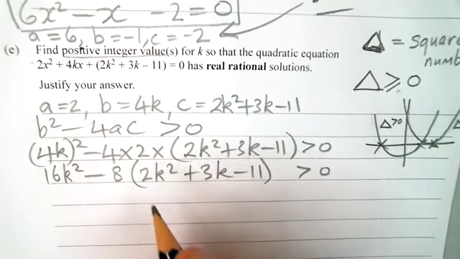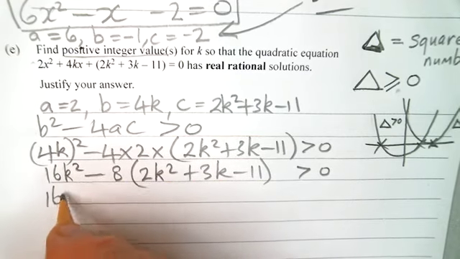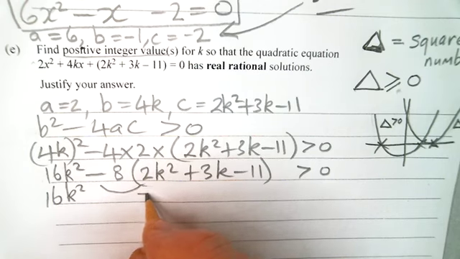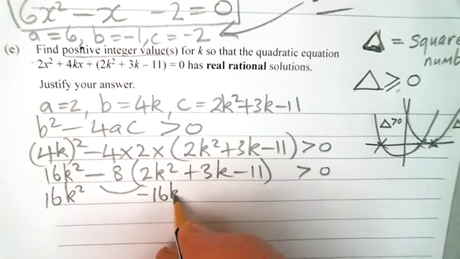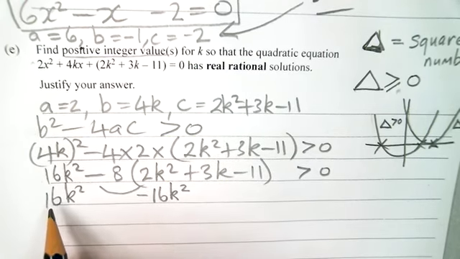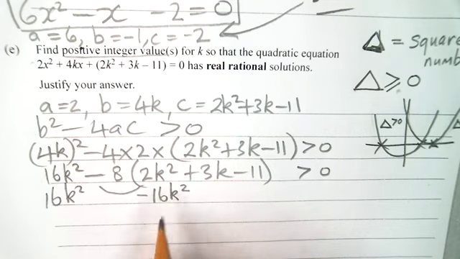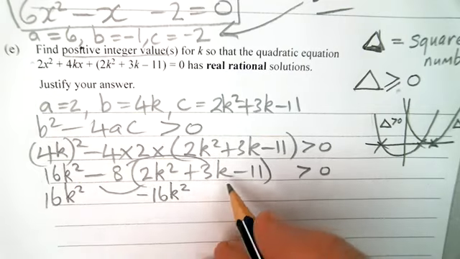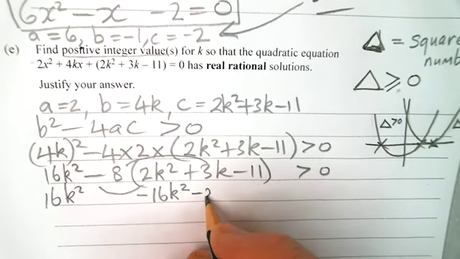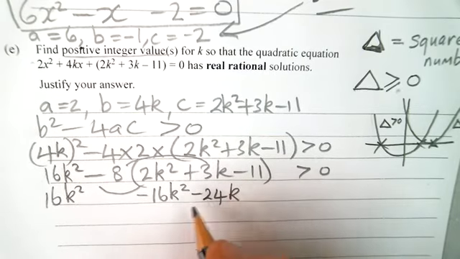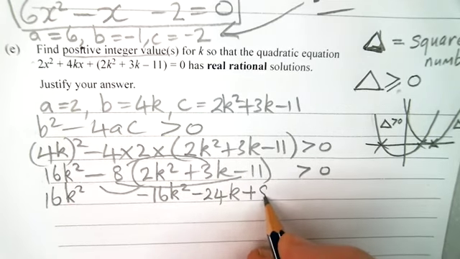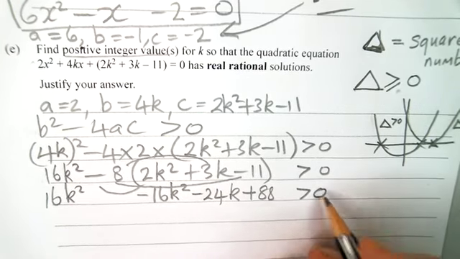Let's now expand this out here. So I've got 16k squared, negative 11 times 2 is going to be minus 16k squared, which by the way is really handy because we've got a 16k squared and a negative 16k squared. So immediately that is all going to disappear. Negative 8 times 3k is going to be minus 24k, and we've got negative 8 times negative 11, which is going to be plus 88, all greater than 0.